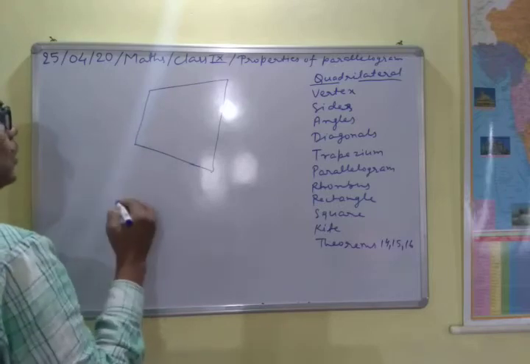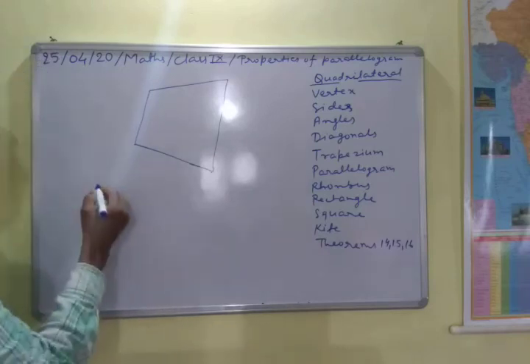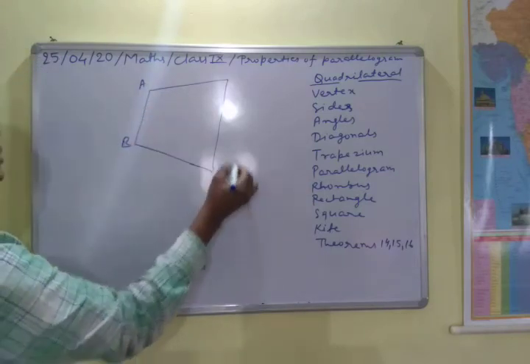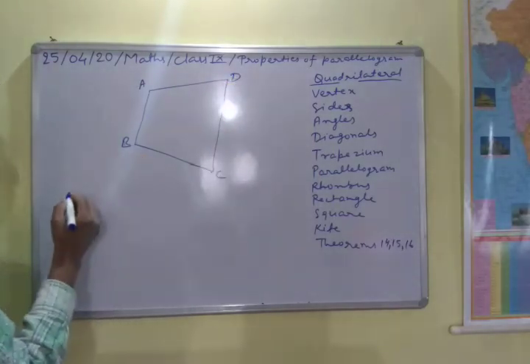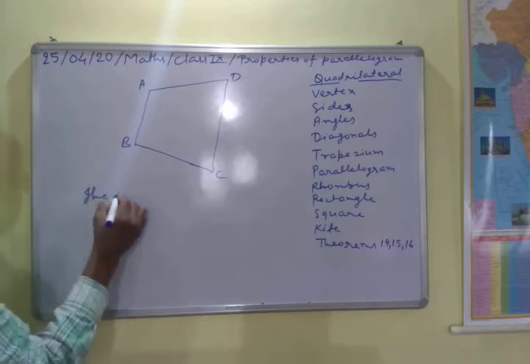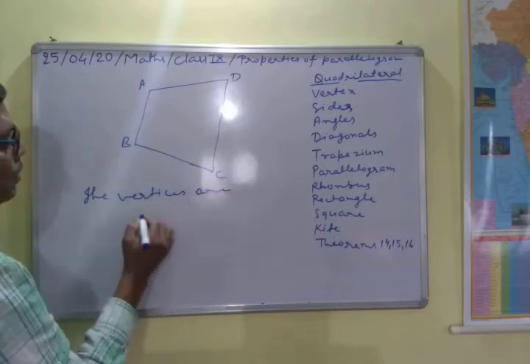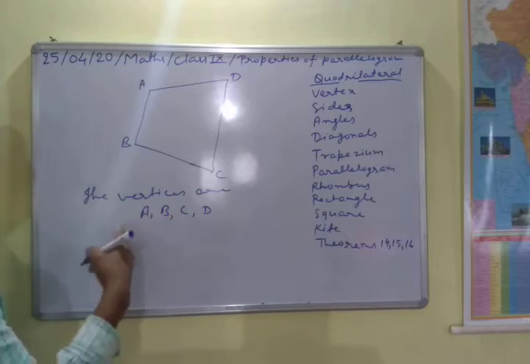So this is called the vertex, and we have four vertices here. You can name them A, B, C, D. So these are the vertices.